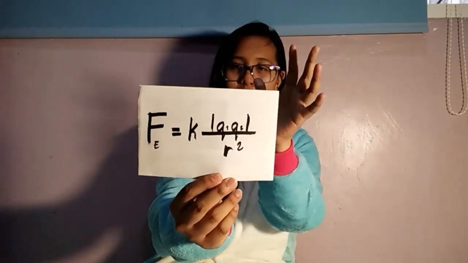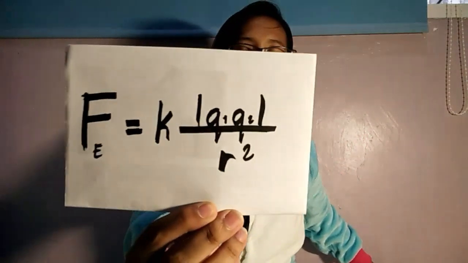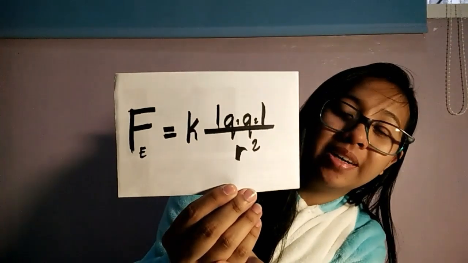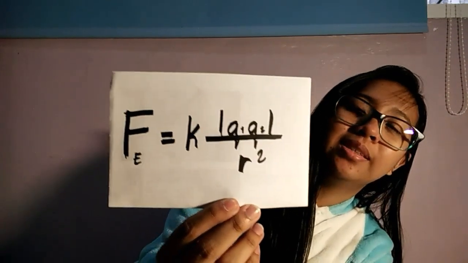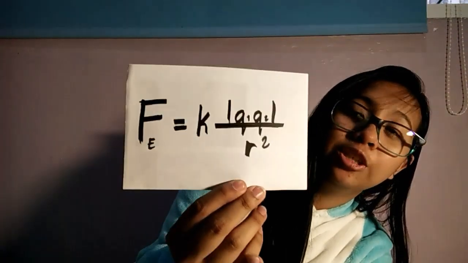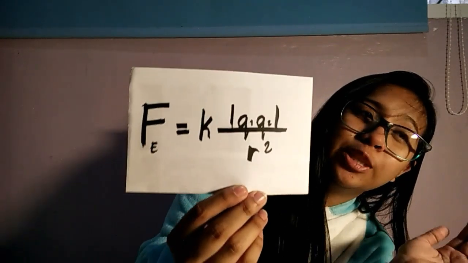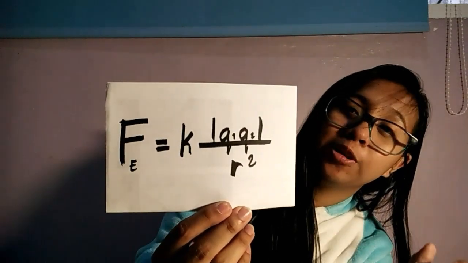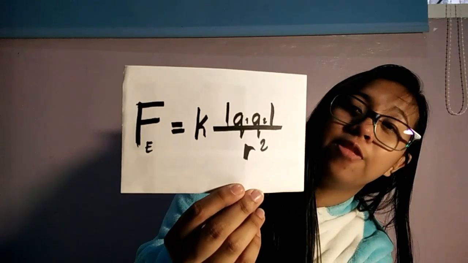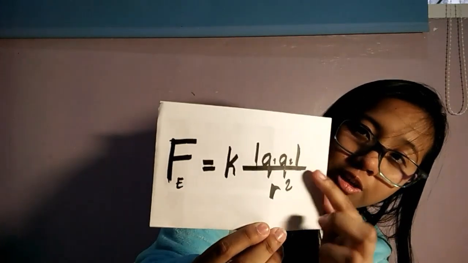Now, we're talking about forces, right? This dude named Coulomb, of course you know Coulomb from a while ago, came up with this formula. In a scientific way of saying it, the electric force between two objects is directly proportional to the product of their charges, which is Q1, Q2.